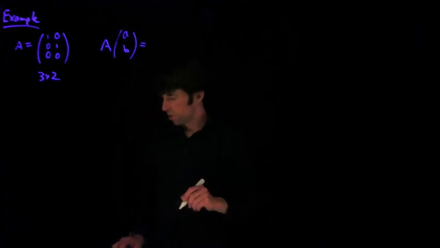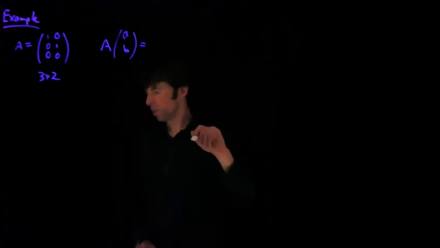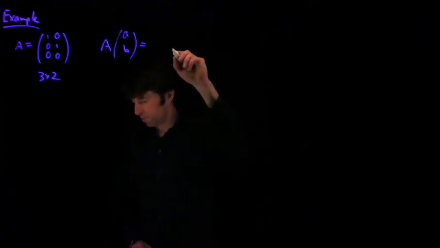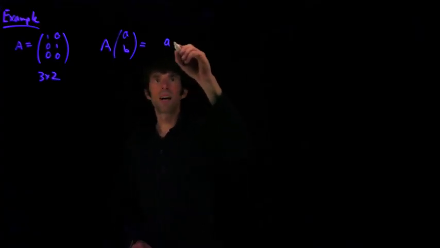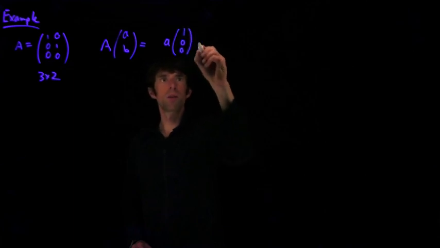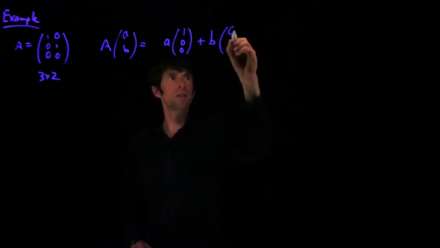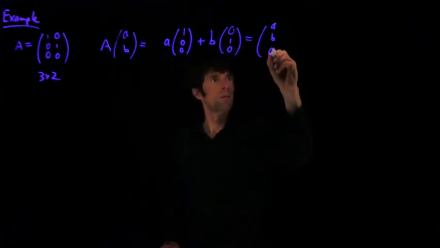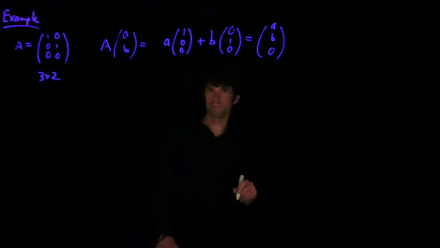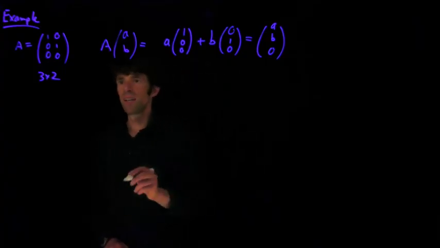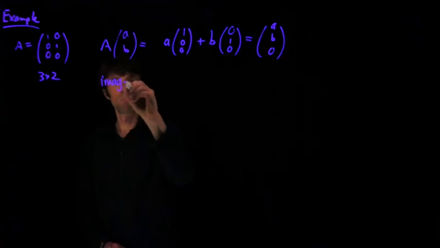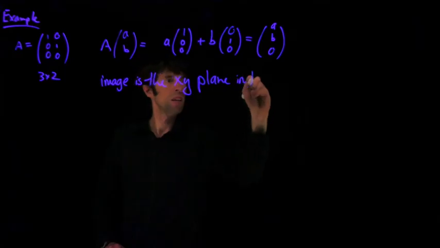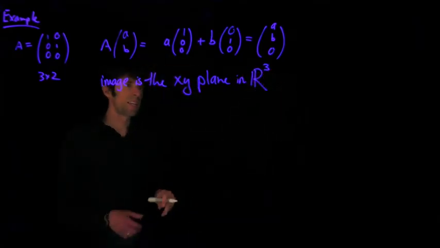And this will be equal to a times (1, 0, 0) plus b times (0, 1, 0), which is simply that. Okay, so what we see is the image is the xy plane inside R3.